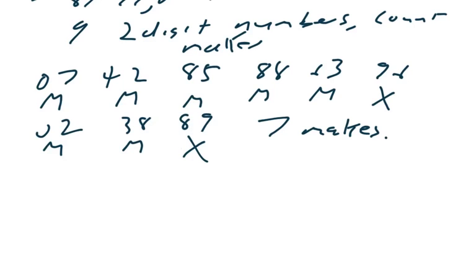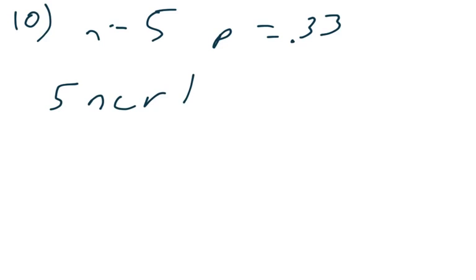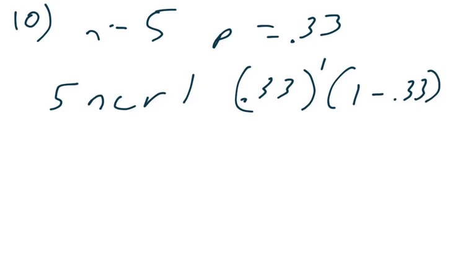Problem number 10. Okay, what are the chances that, so 33 were born outside the United States, you choose 5, so that means we're doing a binomial because we chose 5, and P is equal to 0.33, and in part A, X is equal to 1, so we got 5 NCR 1, 0.33 to the first, 1 minus 0.33 to the fourth.